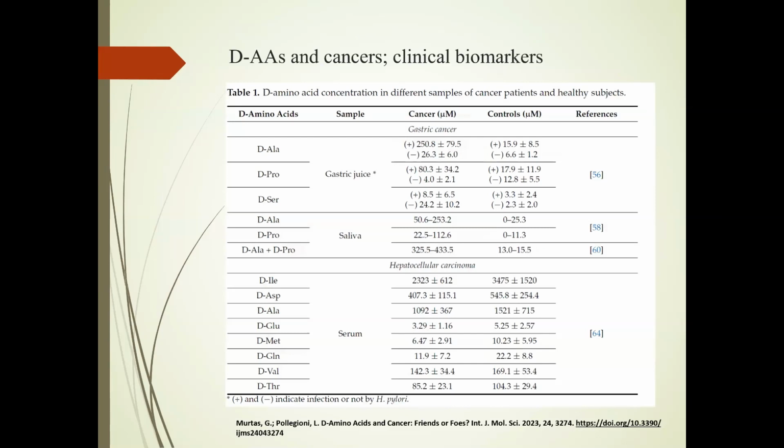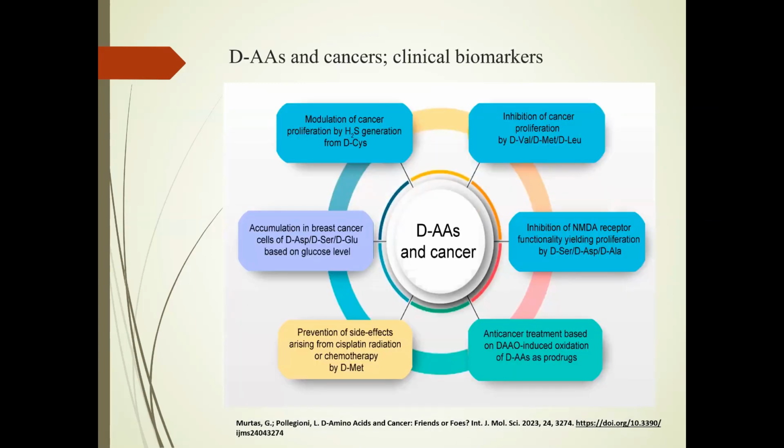And in cancers like gastric cancer, in gastric juice or saliva, different amino acids like D-alanine, D-proline, and D-serine are highly upregulated compared to controls. Also in hepatocellular carcinoma, the same thing can be seen in the serum levels of the amino acids. If you search about amino acids and cancer, you can see many papers, especially in very high-ranked journals.